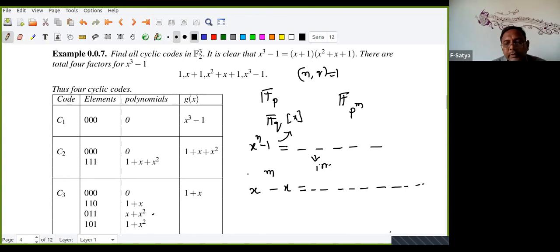And we proved one thing, that all the irreducible factors here have some degree, and that degree divides this m. These are also irreducible, right?